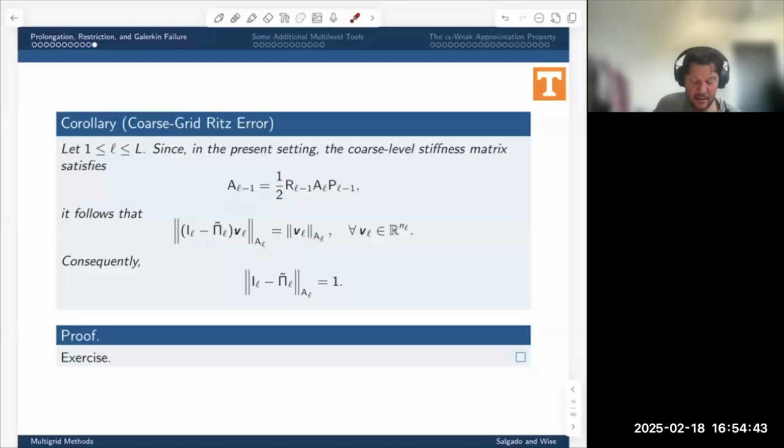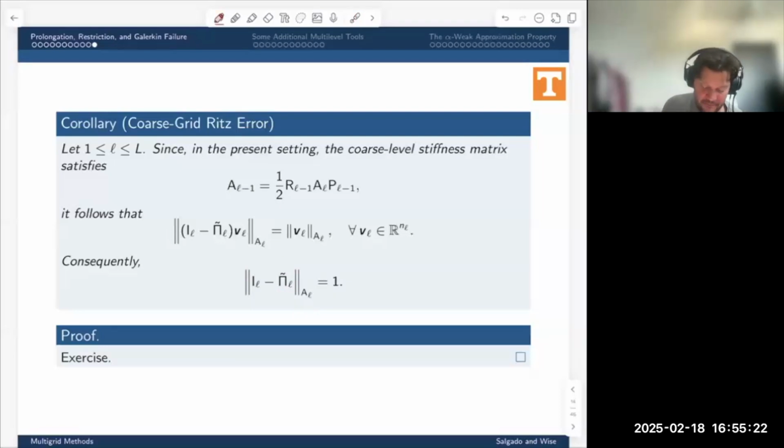It's a consequence that I_L minus pi L tilde in the A_L matrix norm is just equal to 1. In other words, this matrix in this matrix norm is not contractive, it's always just equal to 1. So the error that you get from using the coarse grid Ritz projection in this metric is basically 100%. You're not reducing the error at all.